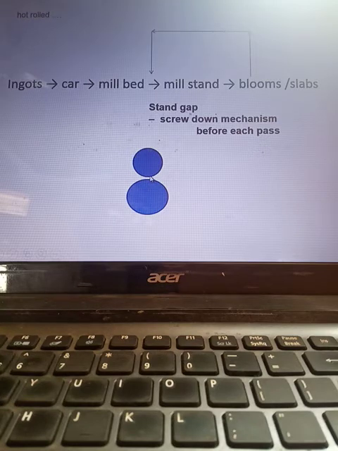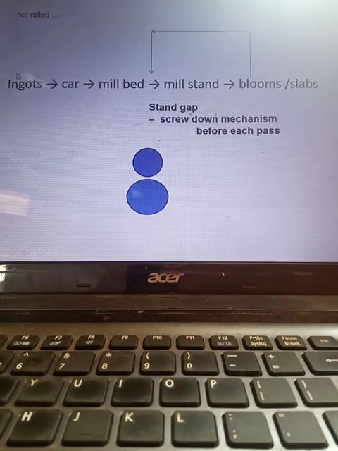This gap is referred to as the stand gap. We need a mechanism for adjusting this gap with the help of a screw, and if the rollers are very big, with the help of motors also.